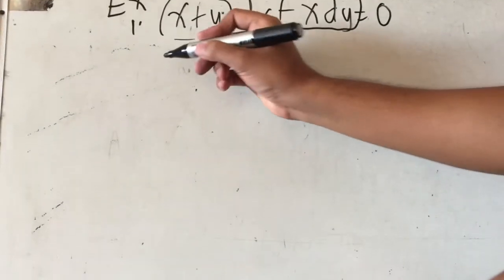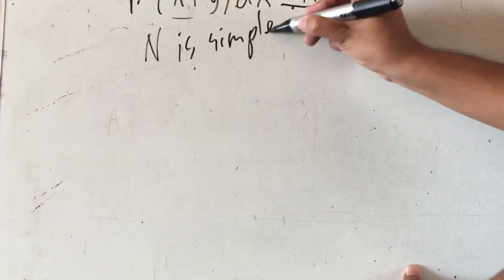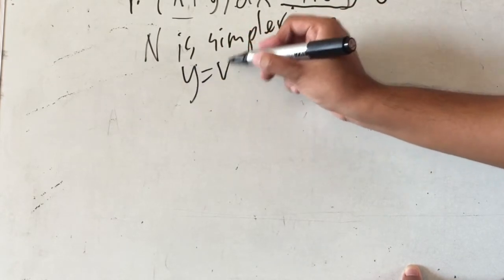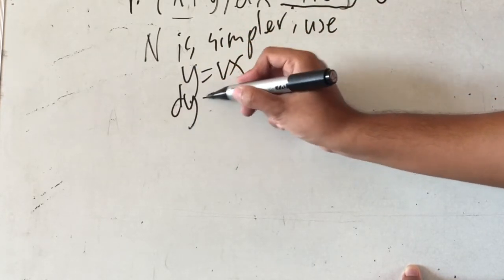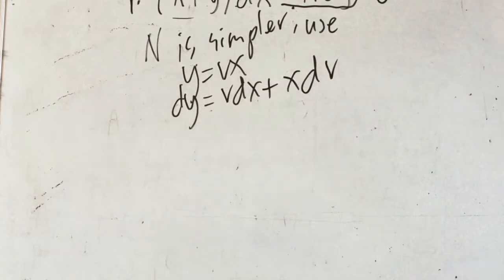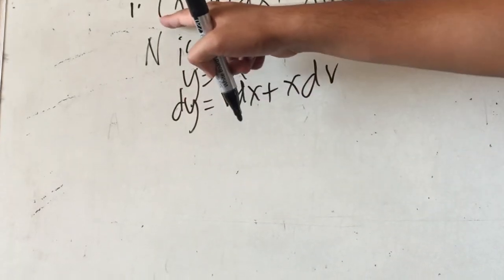Okay, so since N is simpler, use y equals vx, dy equals v dx plus x dv. Then substitute the values of y and dy in our original equation.